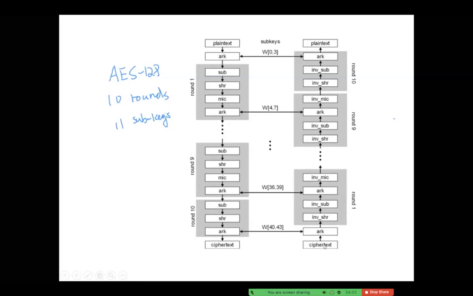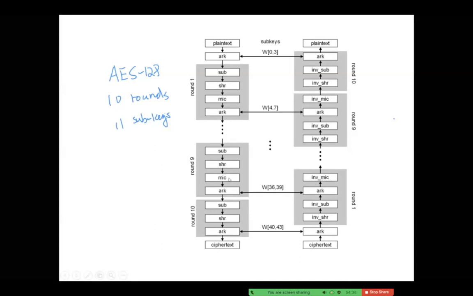Okay, so decryption is not completely symmetrical. Ciphertext comes in, the same thing. You use the 11th key, but then here the ordering of these operations is inverse shift, inverse sub, ARK. Inverse ARK is the same as ARK, because it's exclusive OR. And then inverse mix.